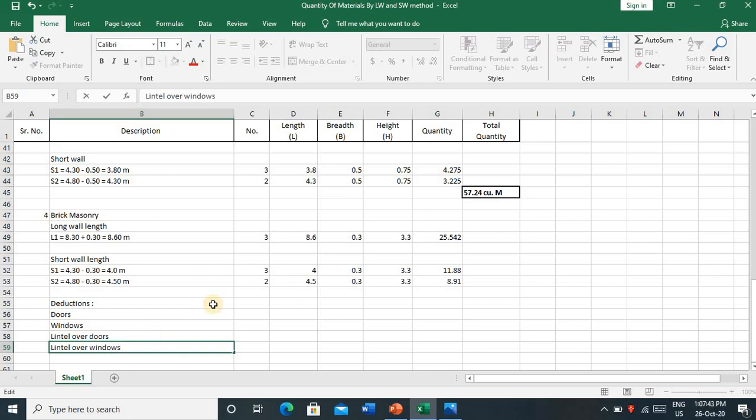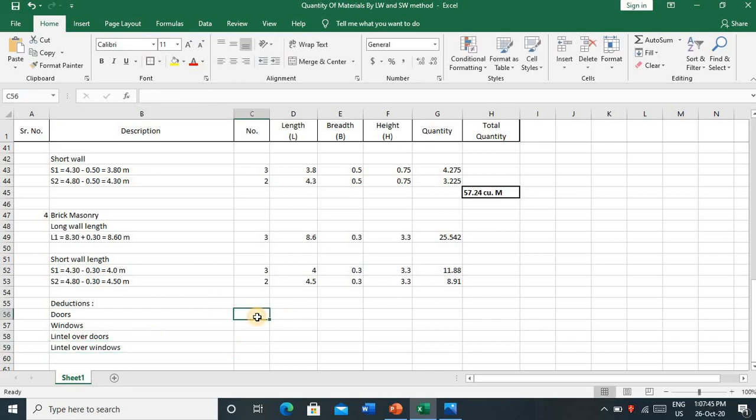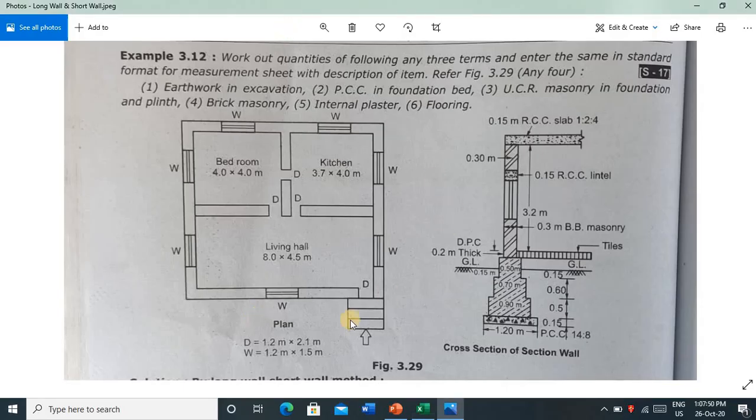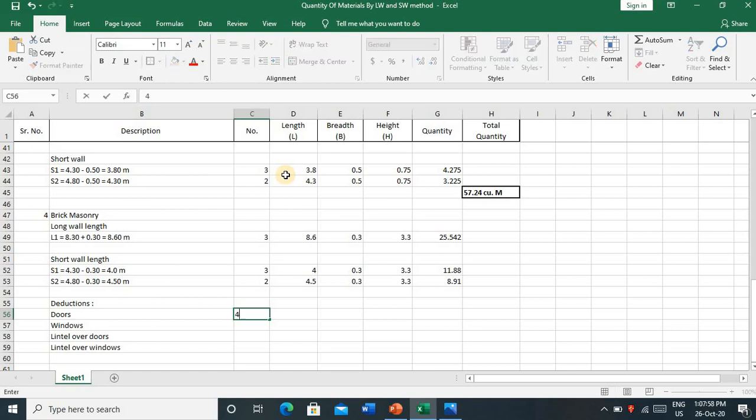Okay, so now total number of doors. Total number of doors are 1, 2, 3 and 4. So in number you write as 4.